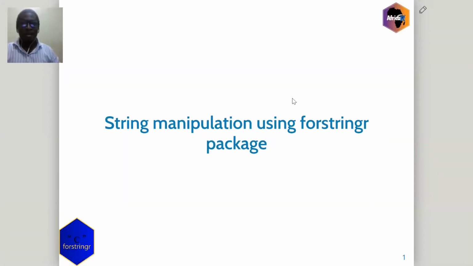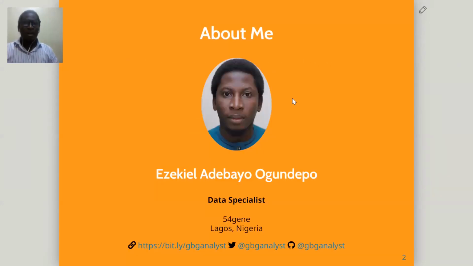All right, so my name is Ezekiel, and I will be taking you through the forstringr package. This forstringr package is used to manipulate strings in R. Before I move to that, I'm a data specialist at 54Gene. 54Gene is a biotechnology company in Nigeria, and we have branches in the US, Tanzania, and other African countries.